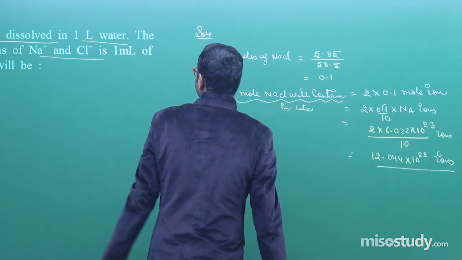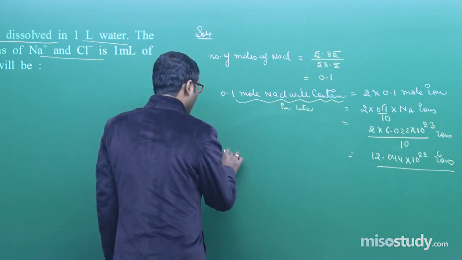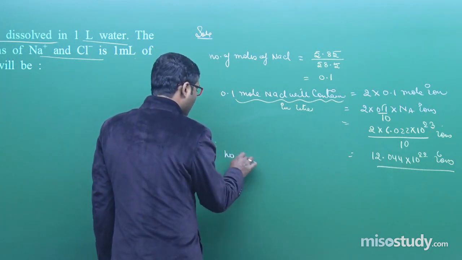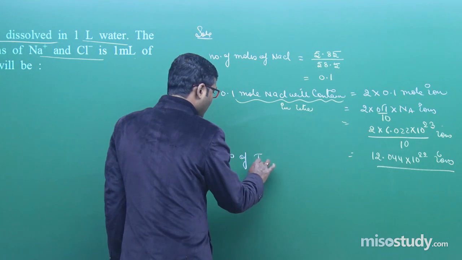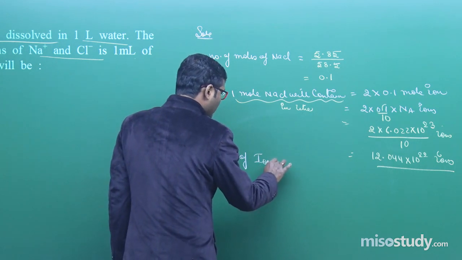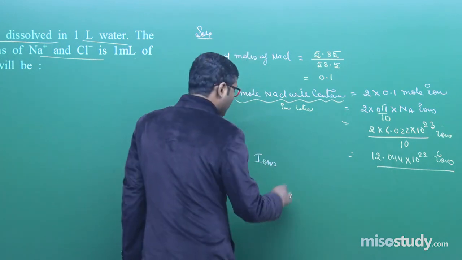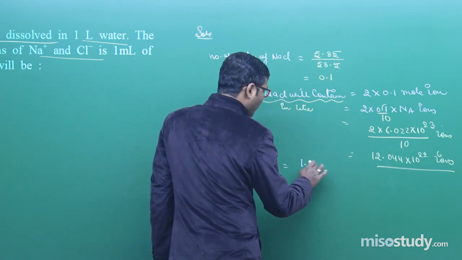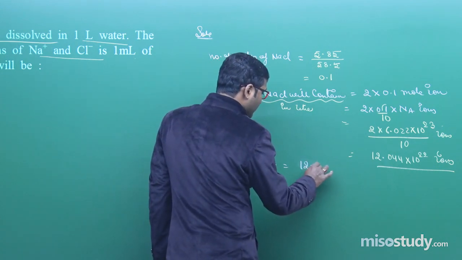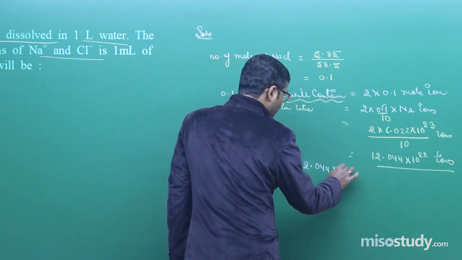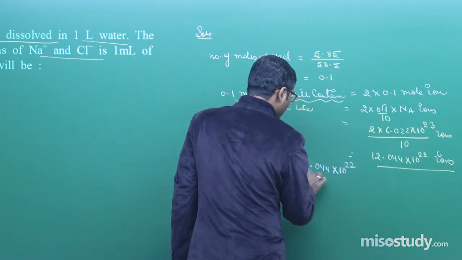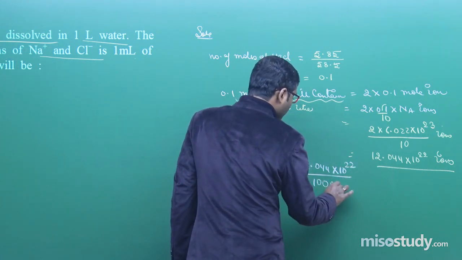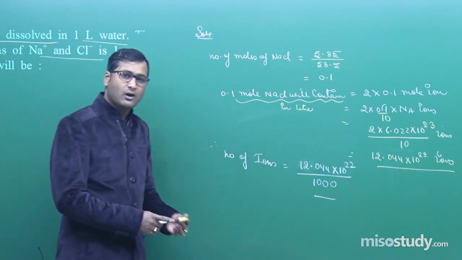Now they are asking for 1 ml. So therefore the total number of Na plus and Cl minus ions will be 12.044 into 10 to the power 22 divided by 1000, because 1 liter equals 1000 ml.